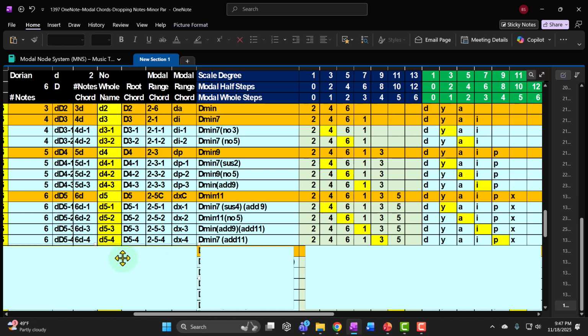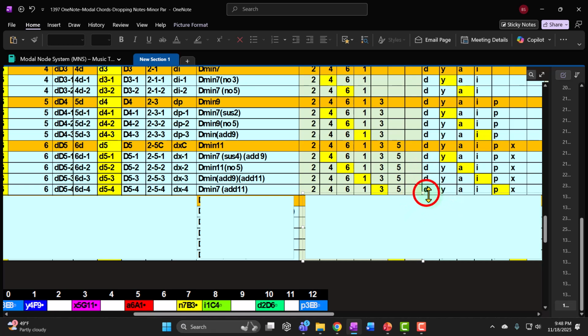It'd be more consistent to just say it's going to be a D5 -4 or a 6-note Dorian -4. So if it's a D5 -4, I go long, 5 modal whole steps up, 10 modal half steps, 11th scale degree, and drop the one that goes short, which is 4 modal whole steps up, 8 modal half steps, 9th scale degree, as the general rule, so we can be as consistent as possible.